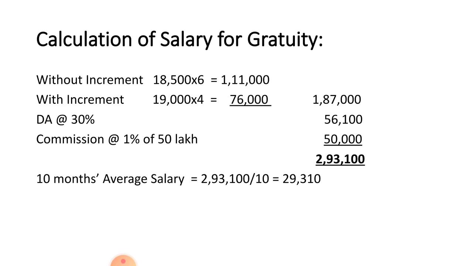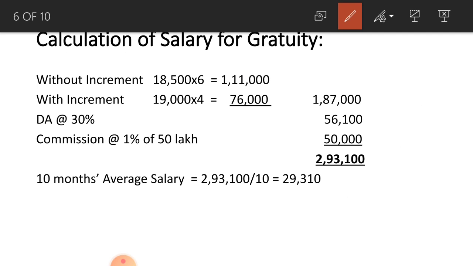For that you have to add DA at 30% of basic, that is 30% of 1,87,000, amounts to rupees 56,100. Next, commission at 1% of 50 lakhs, 50,000. So the total salary for 10 months amounts to rupees 2,93,100.